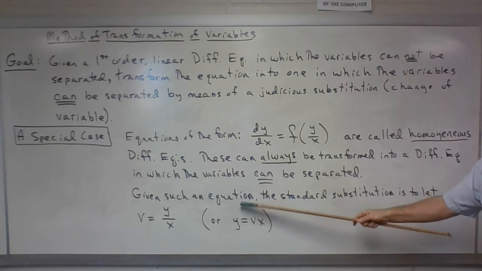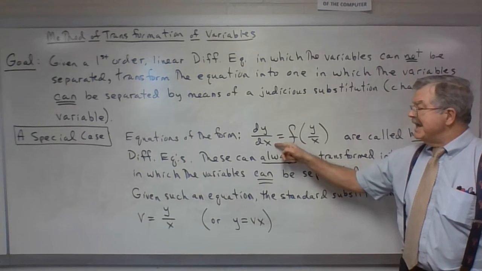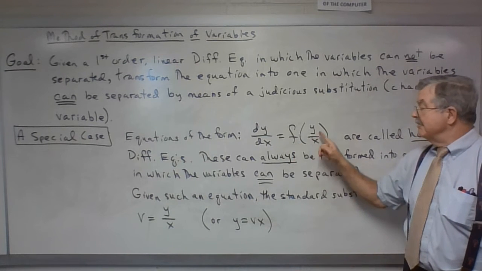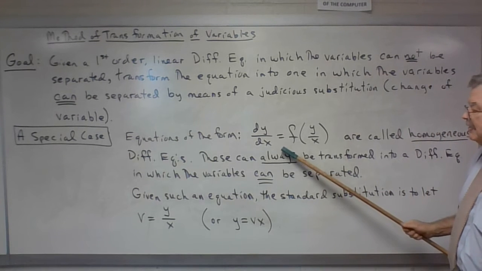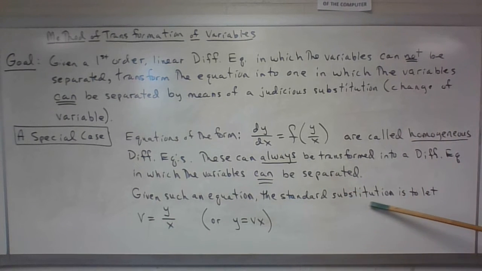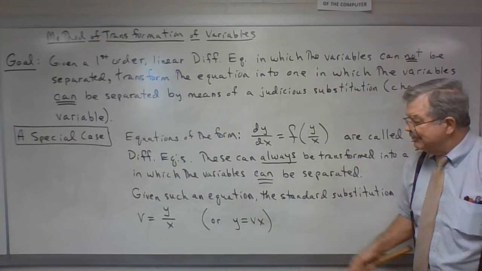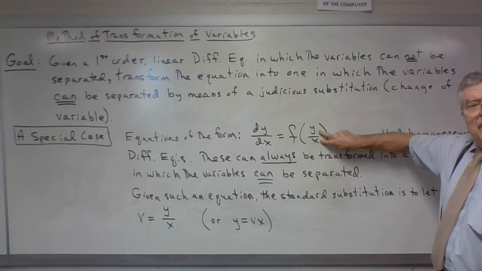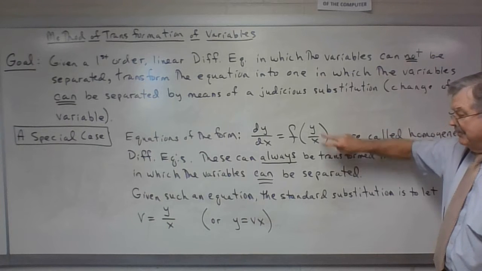Given such an equation, where we write it in the form of dy/dx equals some function of y over x, the standard substitution is to let v equal y over x. So see the y over x here? This is going to become v.